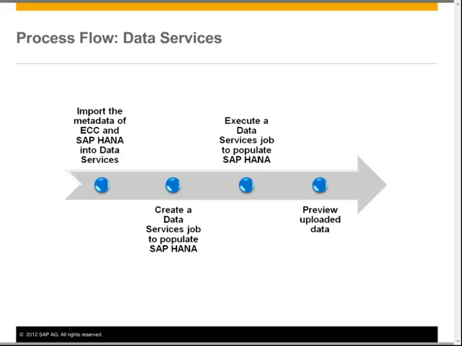This is a process flow that we could follow. We import the metadata of ECC and HANA into data services, then create a data services job that populates HANA. When we execute it, it populates the actual table. And like we did with the flat file upload, we want to preview the uploaded data.